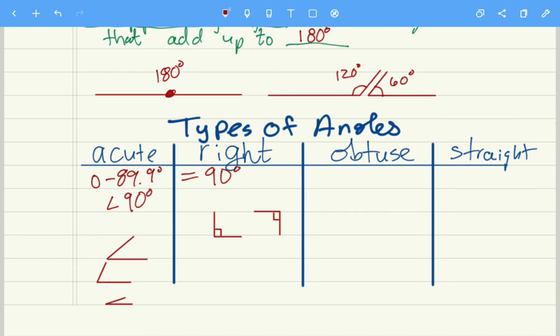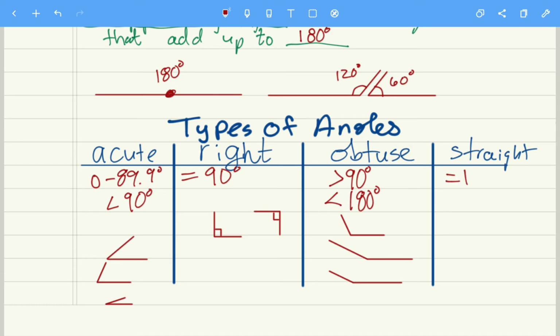An obtuse angle is greater than 90 degrees, but less than 180 degrees. So we can see something like that, something like that, even something like that. So it's just bigger than 90 degrees, but less than 180.